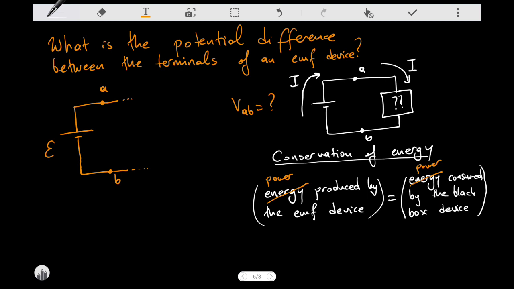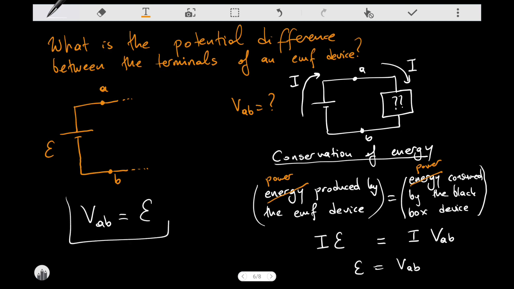So the power produced by the EMF device is I times E. For the power consumed by the black box, it is I times the potential drop, and in that case the potential drop is the potential difference AB, V_AB, which then implies that EMF is equal to V_AB. I mean, if there is a non-zero current flowing, then the potential difference V_AB, that's the potential difference across the terminals of the EMF device, is given as the EMF.